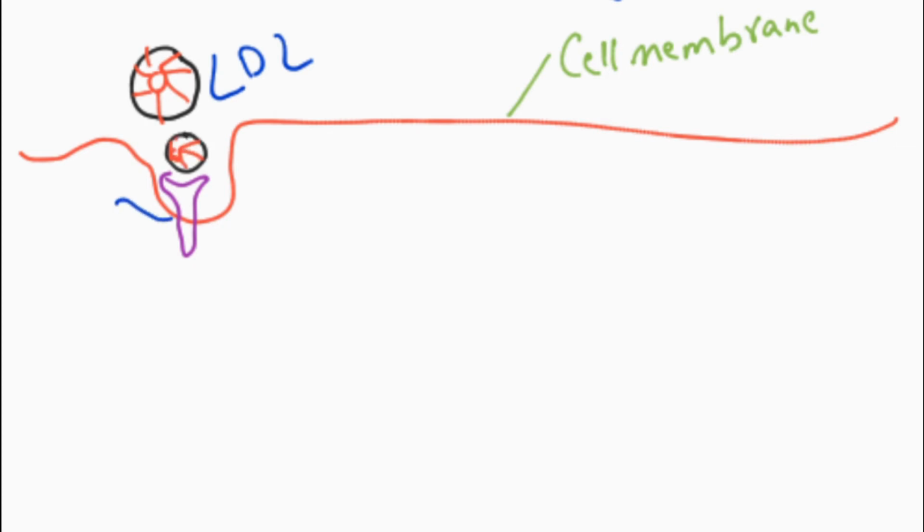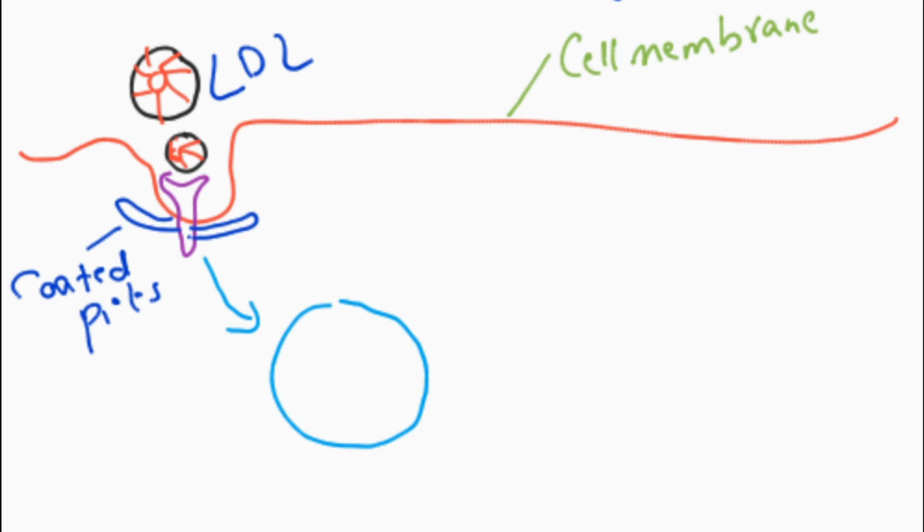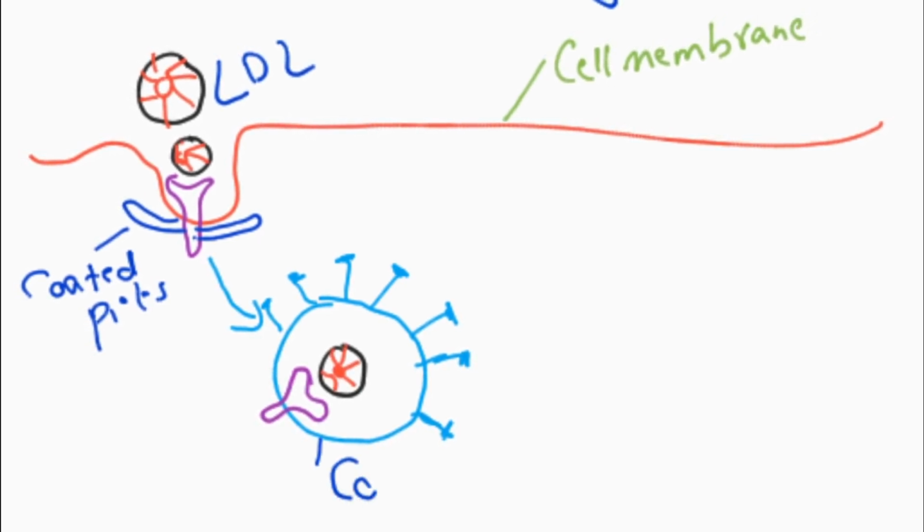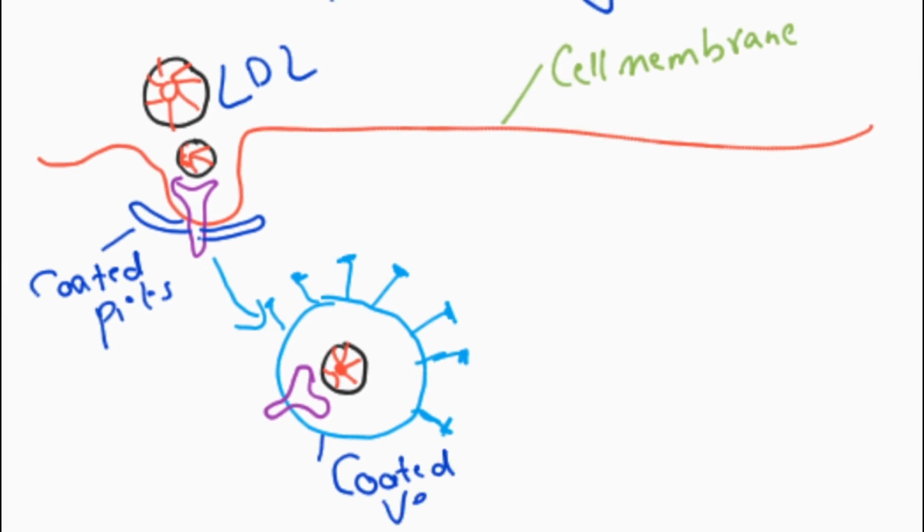The receptors of the cortical cell membrane have specialized coated structures which are known as coated pits. After the attachment of low density lipoproteins with the receptors, the coated pits are internalized by the process of endocytosis and form coated vesicles.